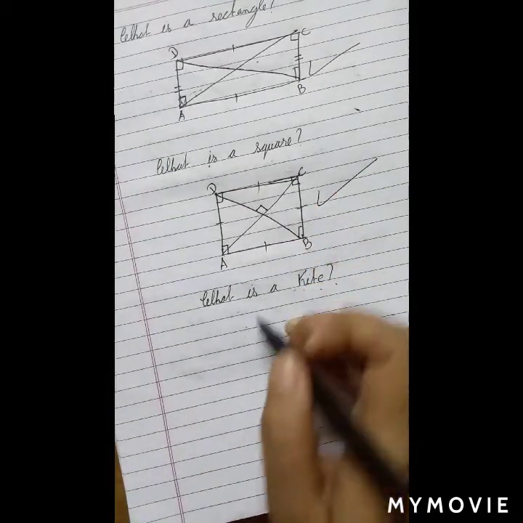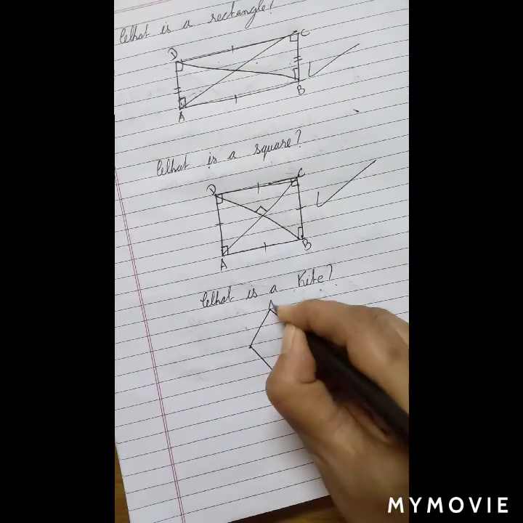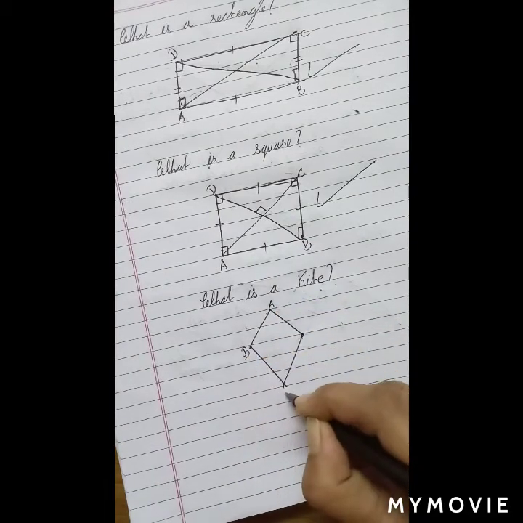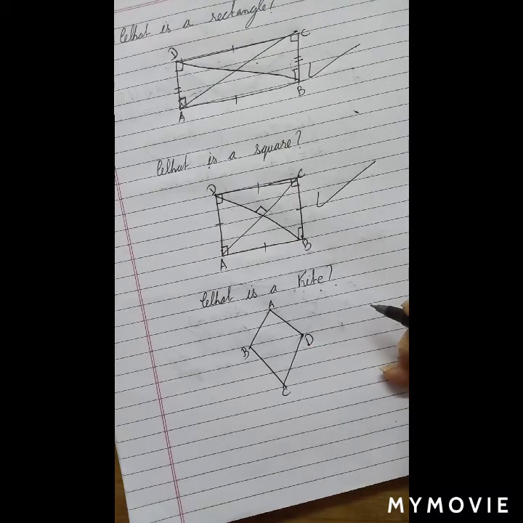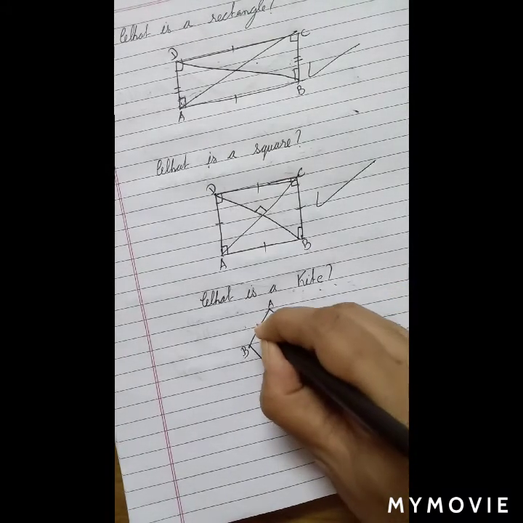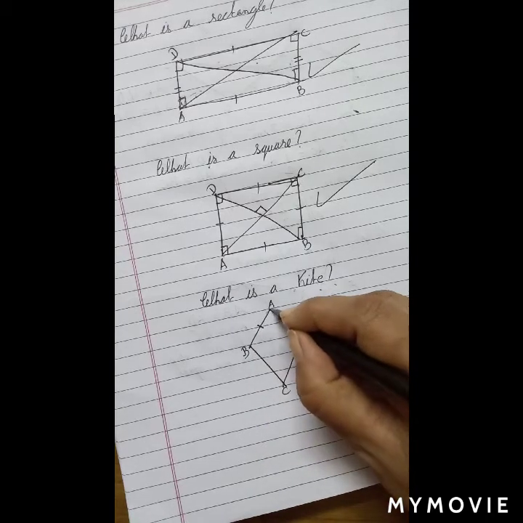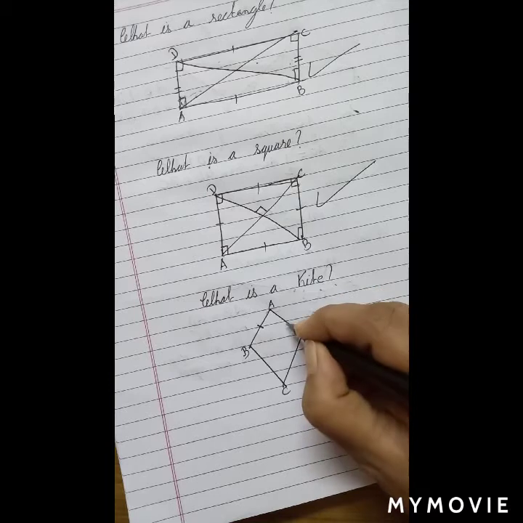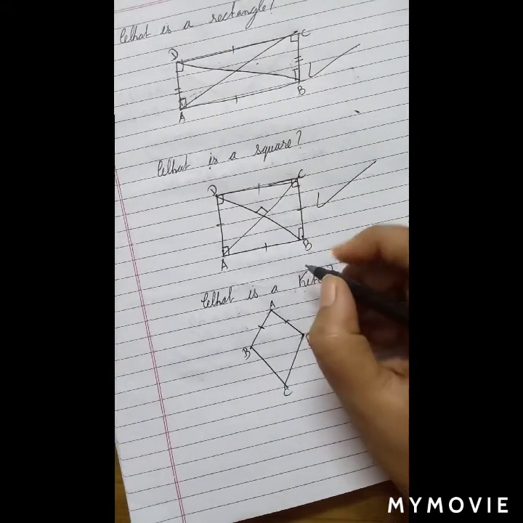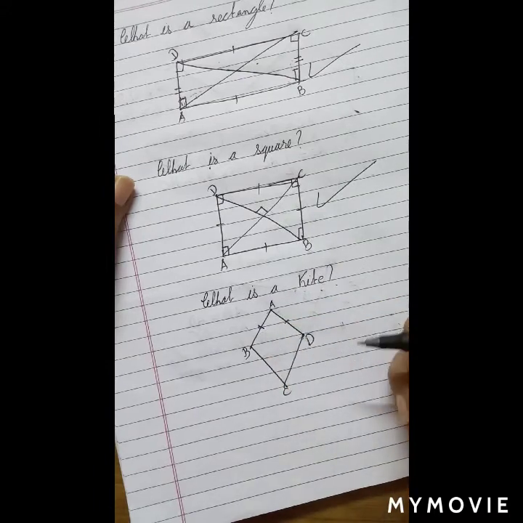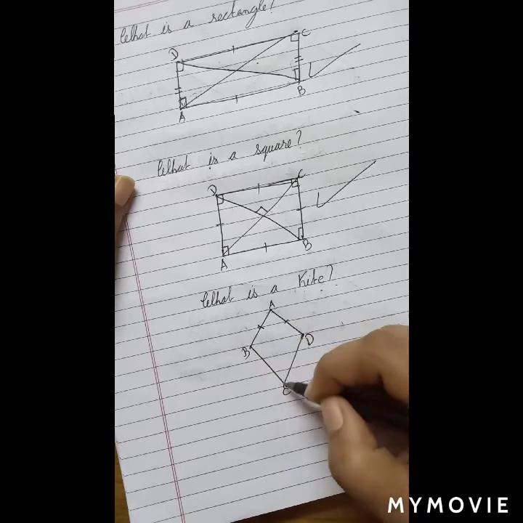Now, let's understand what is a kite. Kite is a special quadrilateral, and in this quadrilateral, the adjacent sides are equal. That is, the adjacent side of AB is AD. But remember one thing, only one pair of adjacent sides are equal. This does not mean that AB is going to be equal to AC.